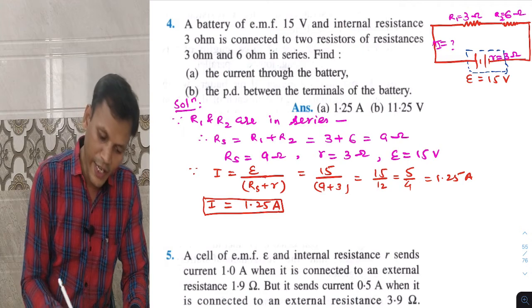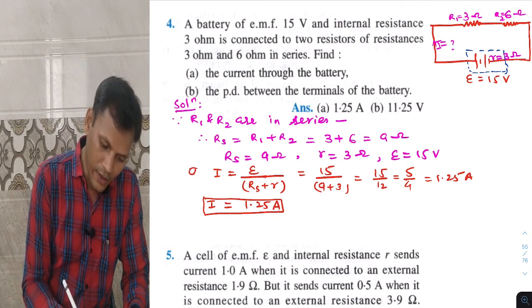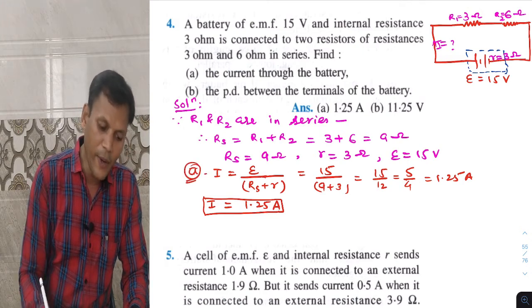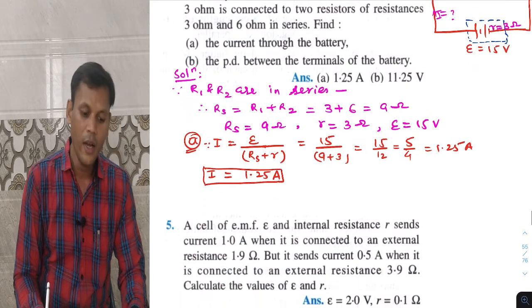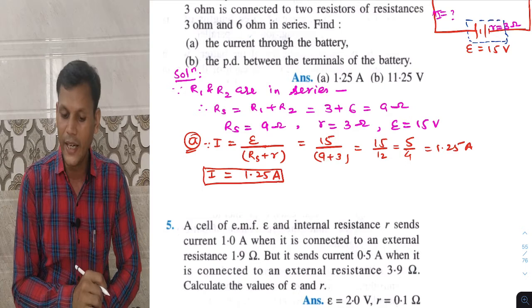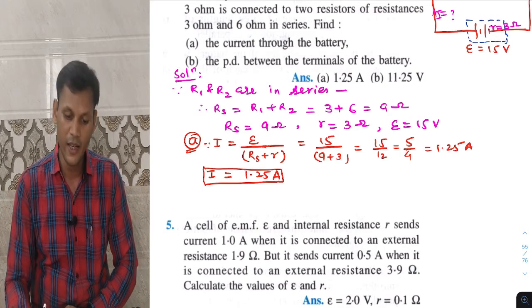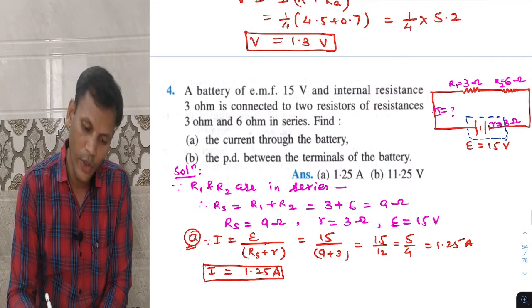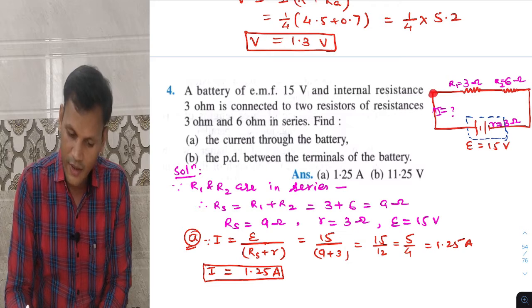Now in the second part, the B part, what we have to calculate is the potential difference between the terminals of the battery. Terminals of the battery means again we have to calculate the potential across this as well as this.